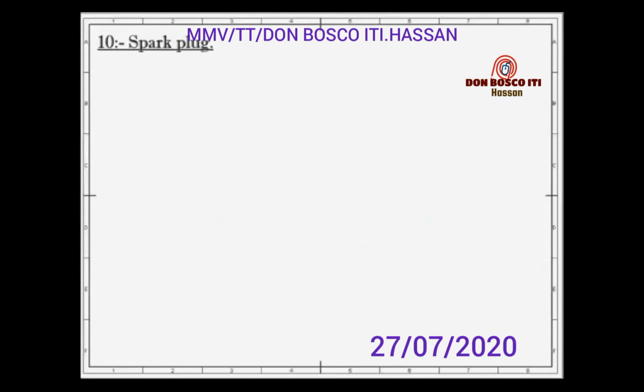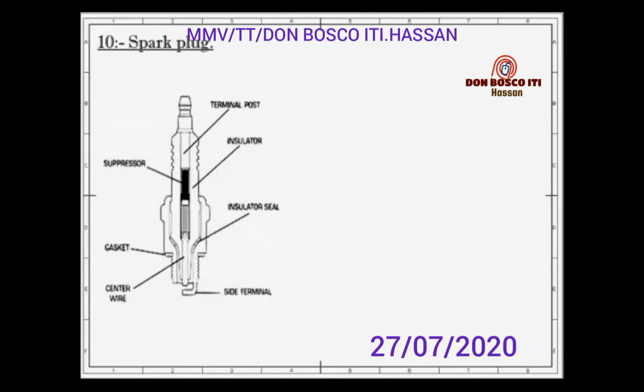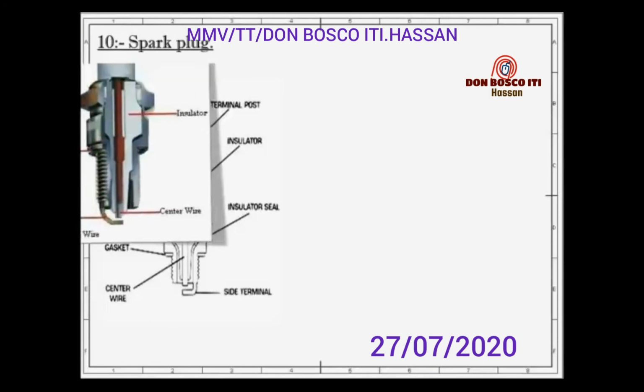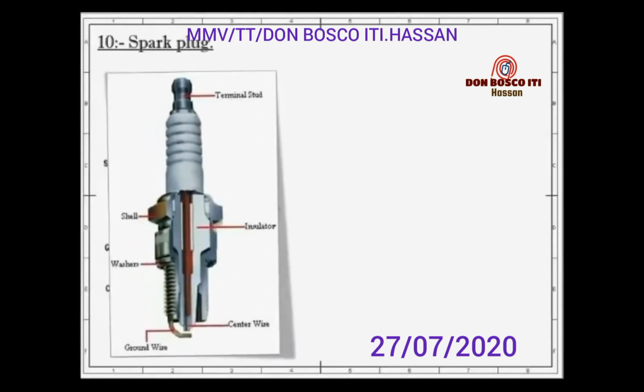Next component is the spark plug. It is used in an SI engine, that is, spark ignition engine. The main function of a spark plug is to create a spark inside the combustion chamber to ignite the air-fuel mixture. It is fitted on the cylinder head. The spark plug consists of a metal shell having two electrodes which are insulated from each other with an air gap.